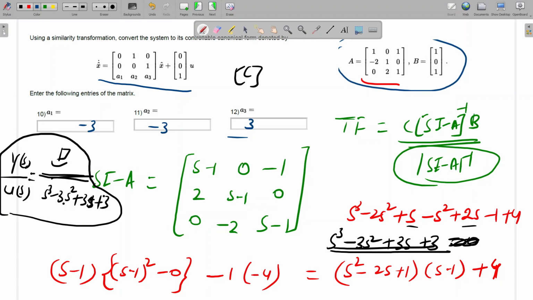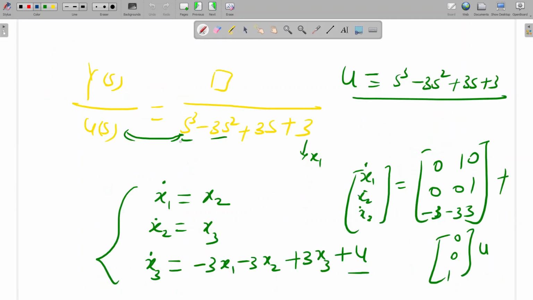Some other methods also will be there in the lectures. You can follow that standard method. Some special rule is there, but that rule will take more time. But in exam, if you follow this short trick, no need to do the matrix multiplication and all, directly we will find this denominator. Okay, and based on this, we will write this kind of thing, and we will find the matrix.